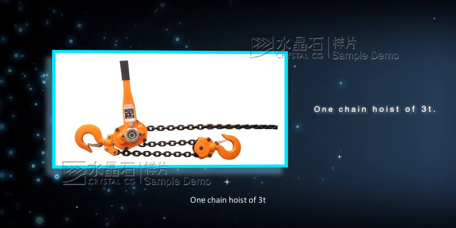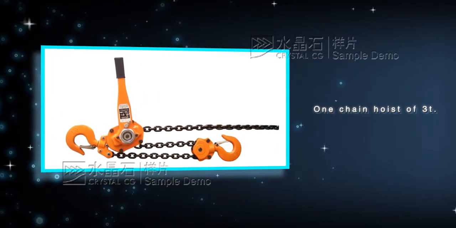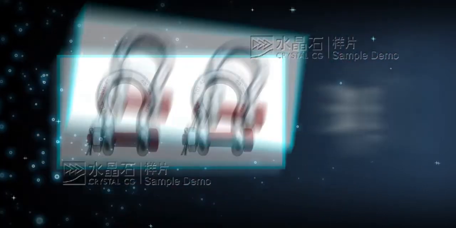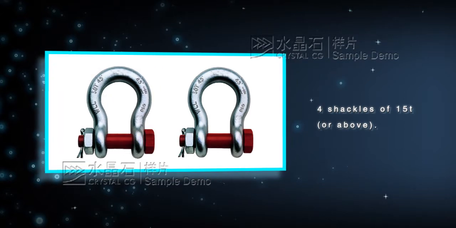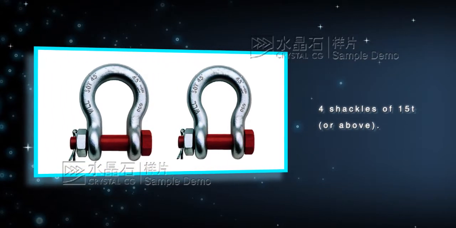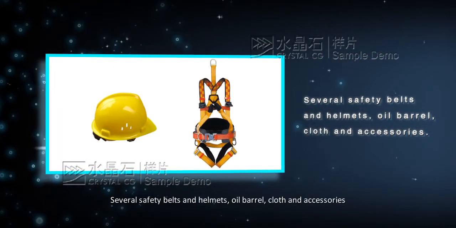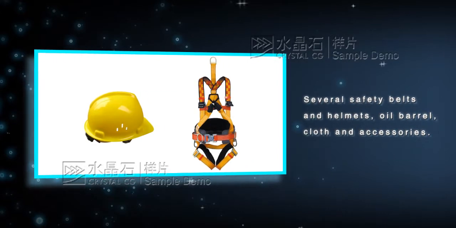One chain hoist of 3 tons. Four shackles of 15 tons or above. Several safety belts and helmets, oil barrel, cloth, and accessories.